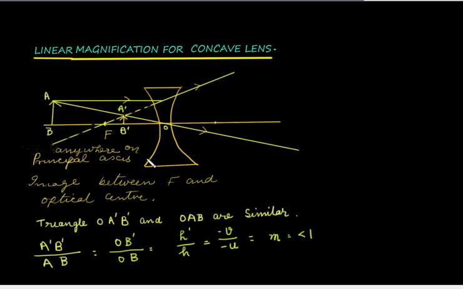Now OB dash is the distance of the image, so that is negative V, because it is measured in a direction opposite to the direction of the incident ray. This is the incident ray.